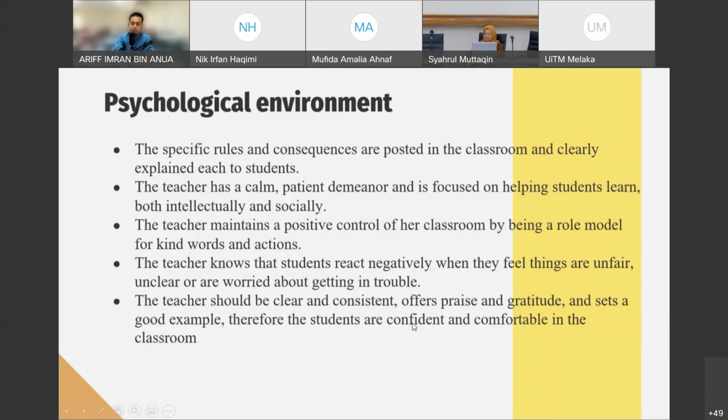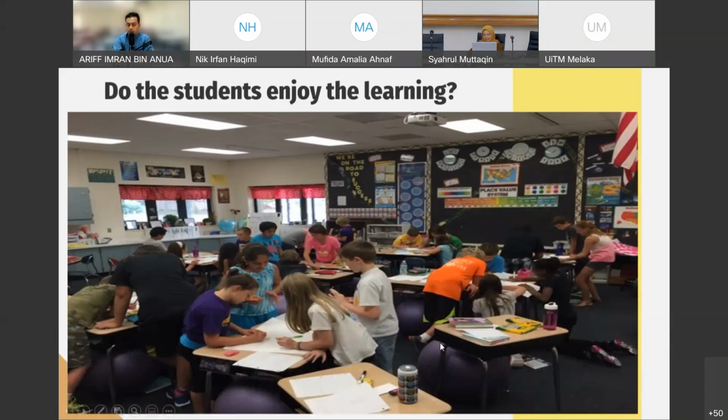When the learners feel confident and comfortable, they will absorb and implement in their brain what they learn easily, right? Because they are not under pressure, they are not afraid, but they are confident, comfortable, and of course more motivated. Then, when you see this picture, do you think the students experience a good psychological environment? Do they enjoy learning?